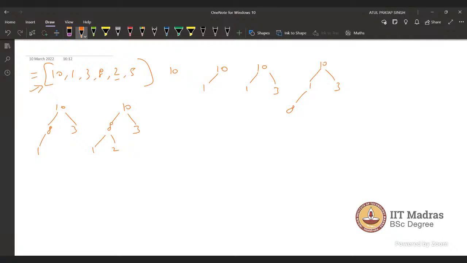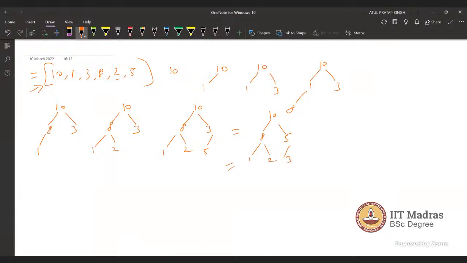Now 5. So 10, 8, 3, 1, 2, and 5. This is a violation, so swap the values. So 10, 8, 5, 1, 2, and 3. Okay, so this is the max heap.